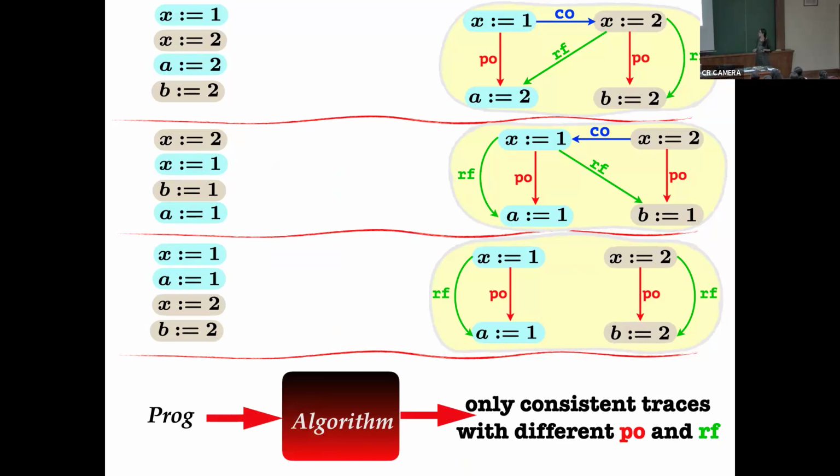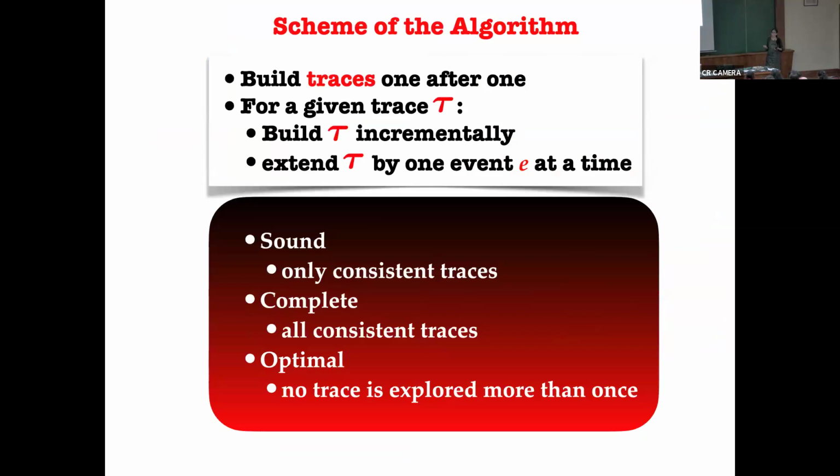But here, I am writing only different PO RF because I am already tuning myself into the RA mode. Clearly, what I wrote here is not correct for SC. For SC, I should say PO, RF, and CO, which means that many extra traces. So what should be the scheme of such an algorithm? Such an algorithm should ensure all the following.